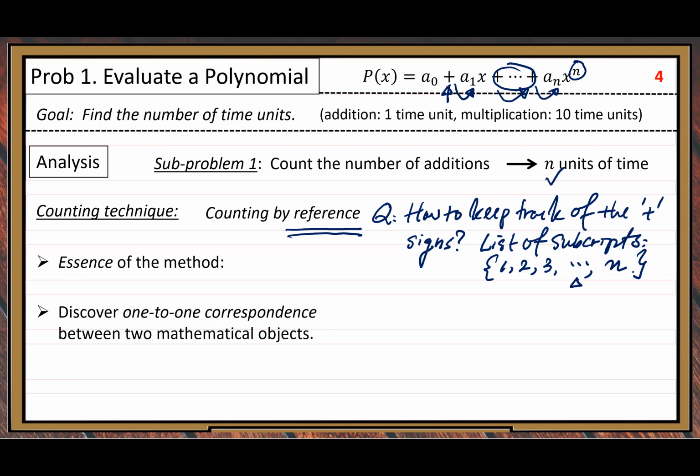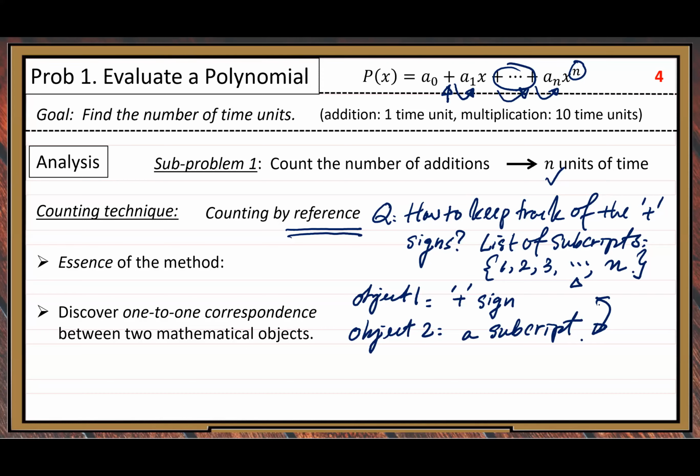Here, object 1 is the plus sign, and object 2 is the subscript. So we get a one-to-one correspondence. Quite neat.